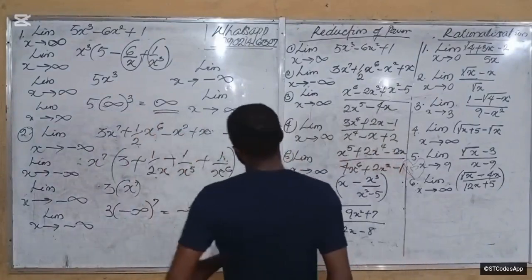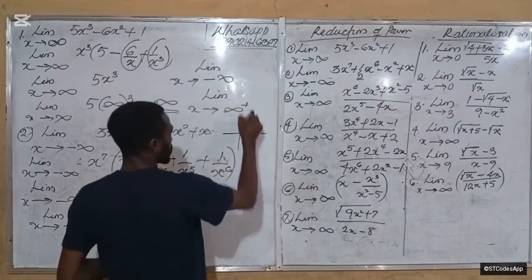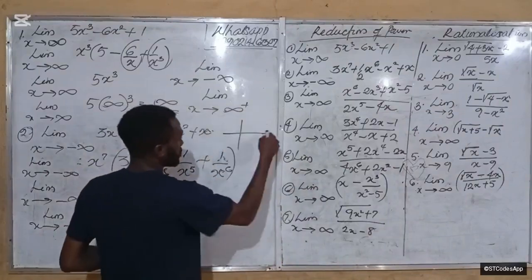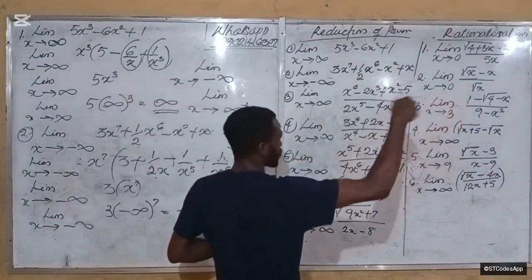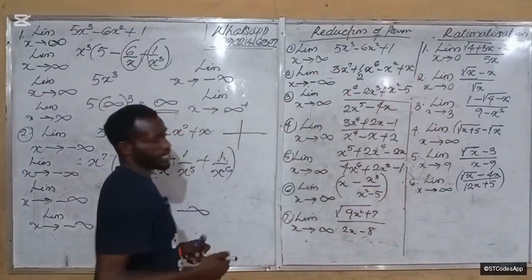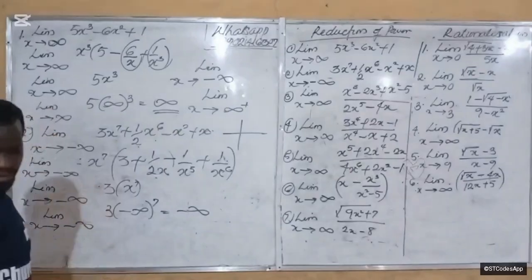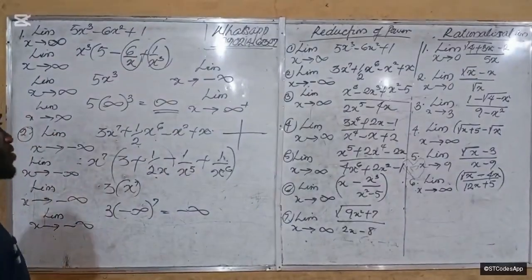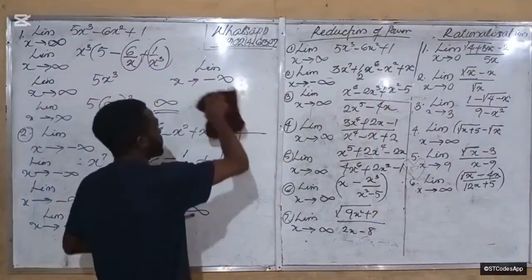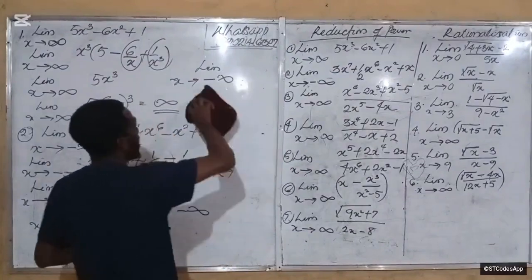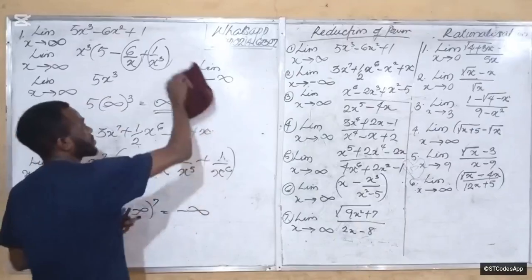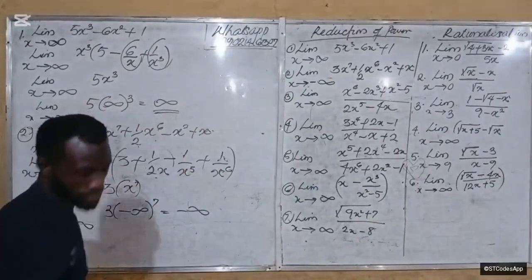Okay, but if you add positive here, it means we're approaching negative infinity from the far end. Does that make sense? I mean, it doesn't even make sense. You can't approach infinity from positive. Anyways, that's just the meaning.